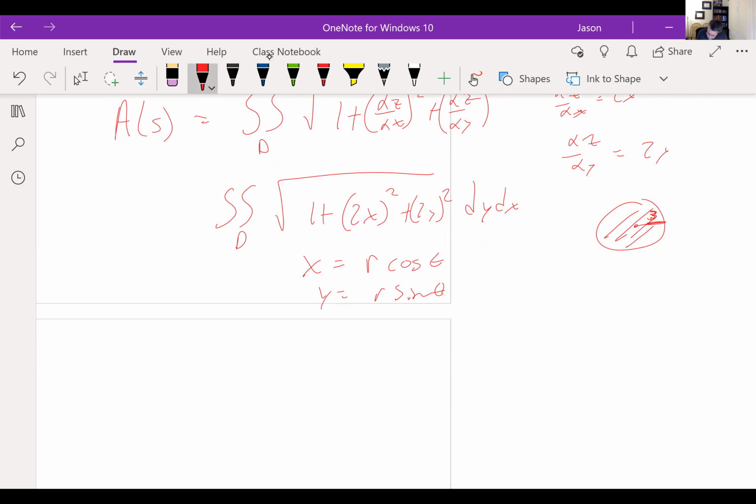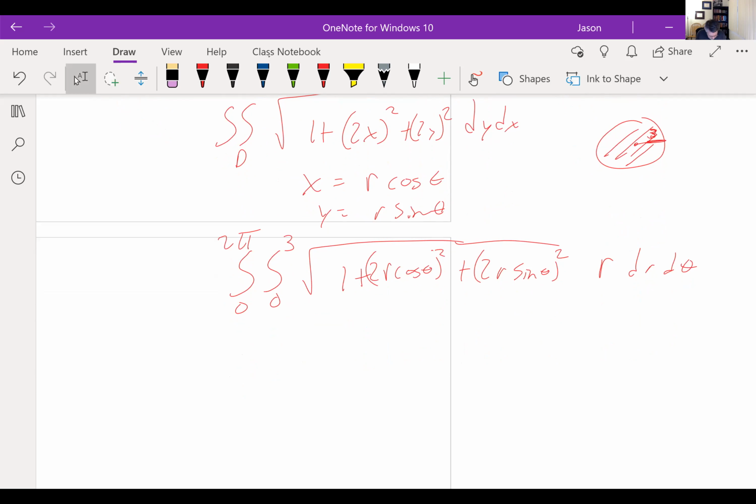So this is going to be the integral of the square root of 1 plus (2r cosine theta) squared plus (2r sine theta) squared. Don't forget the r dr d theta, where r goes from 0 to 3 and theta goes from 0 to 2 pi.